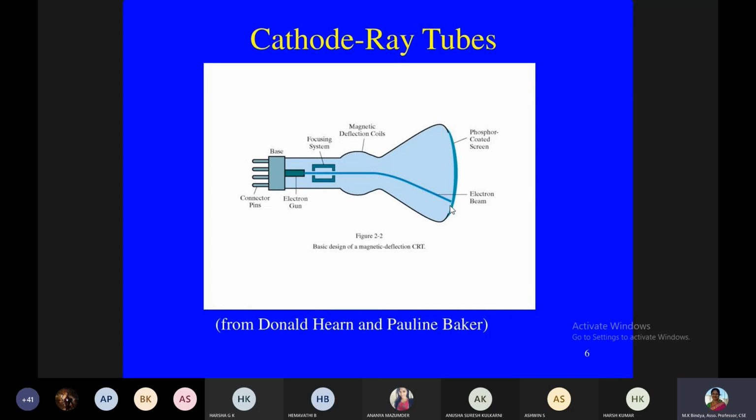The light must be present on the screen so that the user can view the image continuously. But in this case, once the beam hits, the light is on and then rapidly goes off. So we need to maintain the picture on the screen continuously. How to do that?